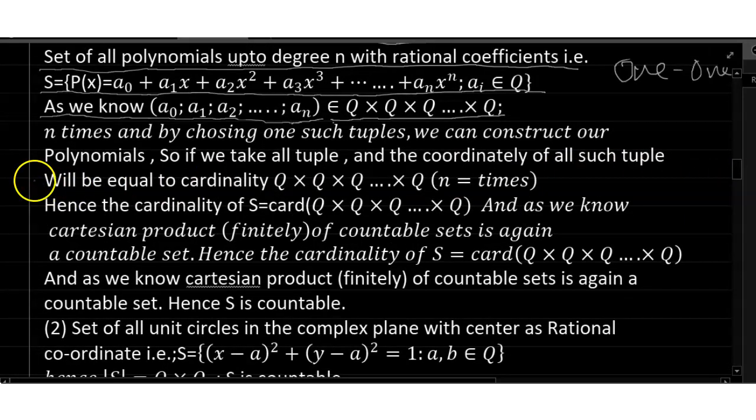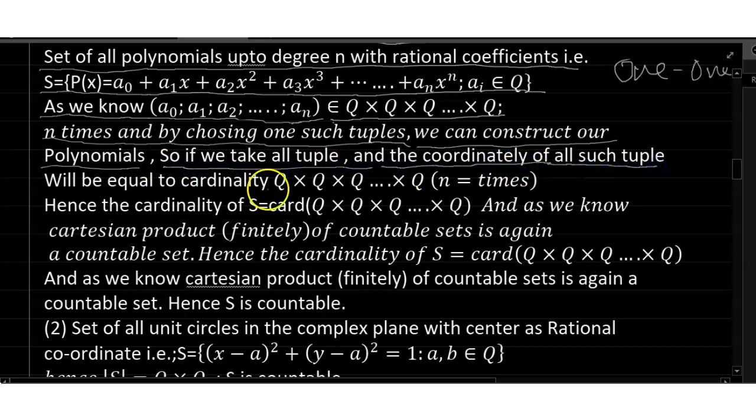So friends, you see that by choosing one such tuple, we can construct our polynomials. So the cardinality of S is the cardinality of Q × Q × ... n times.